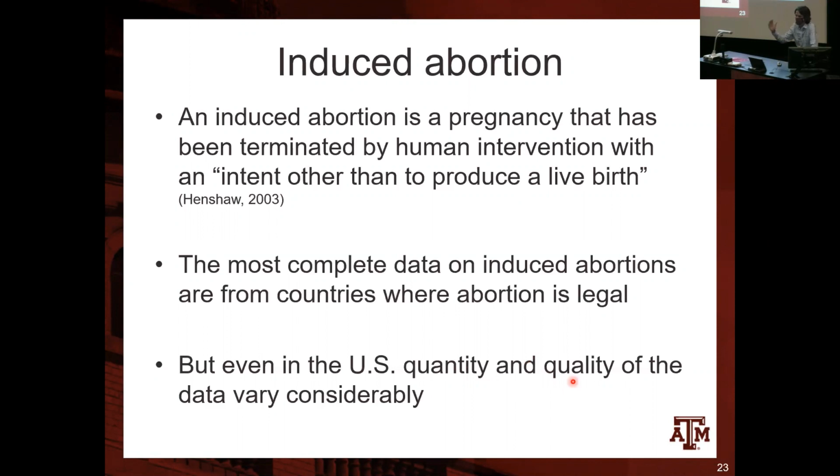Abortion is legal, but as we know, each state can implement all these regulations that they say are because of public health reasons, but they're just trying to decrease the chances of women having access to abortion. And exactly in those states, you tend to have a lower quality of data related to abortion.